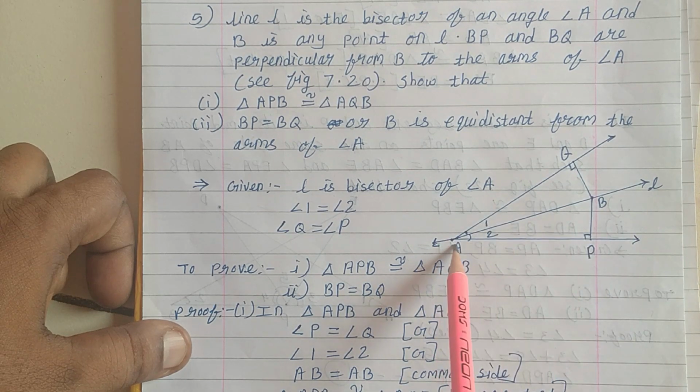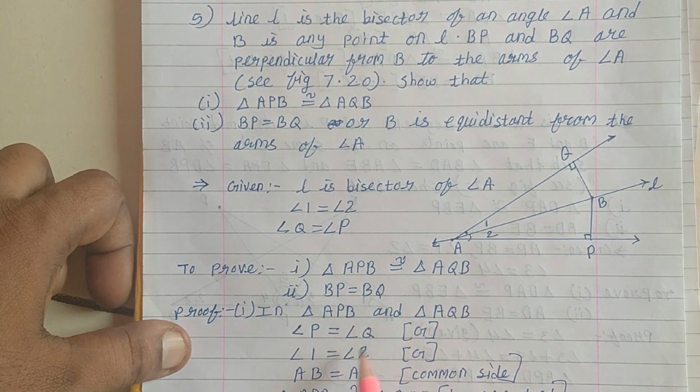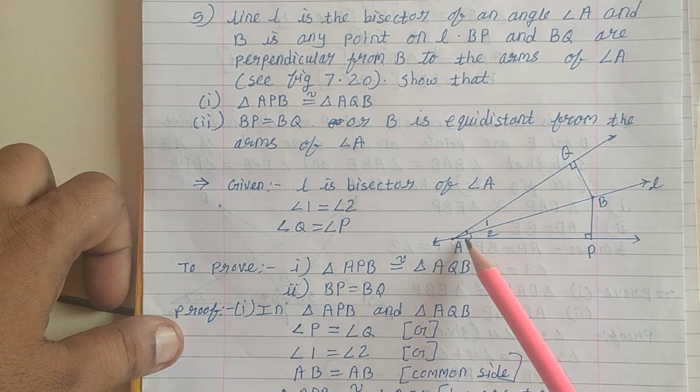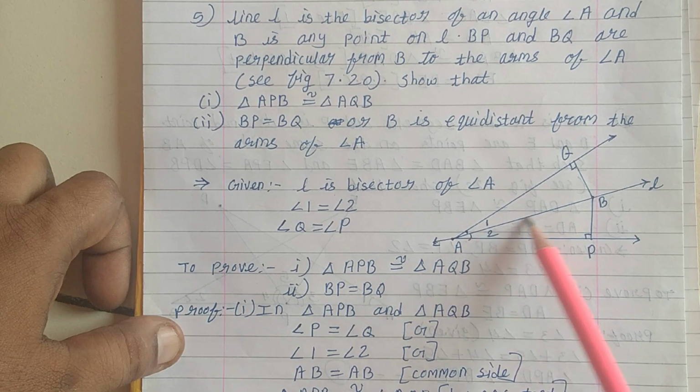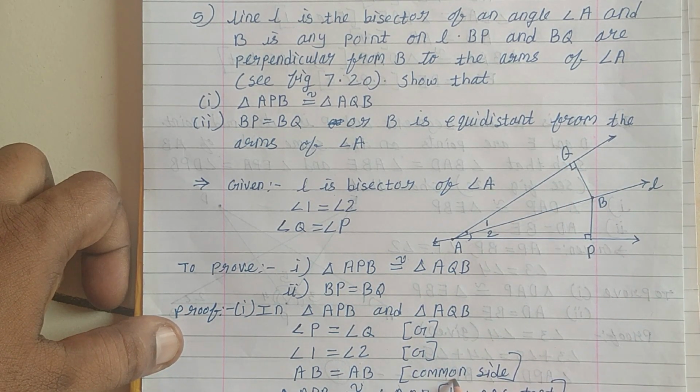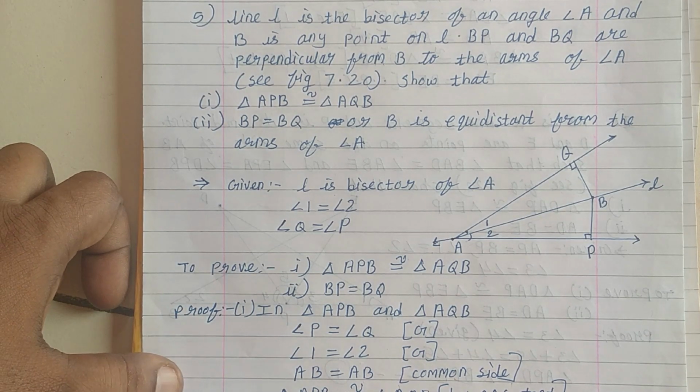Then L is a bisector of angle A, so angle 1 is equal to angle 2. Then the third one, which is unknown, is the side AB, which is common to both triangles. So AB equals AB, common side. That is, triangle APB is congruent to triangle AQB.